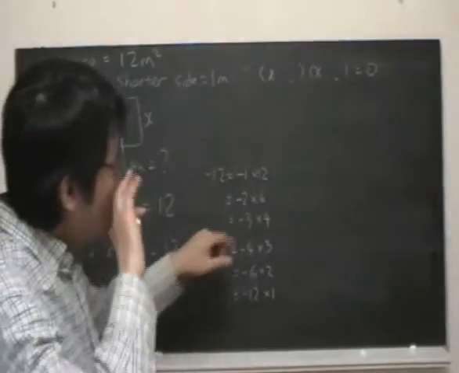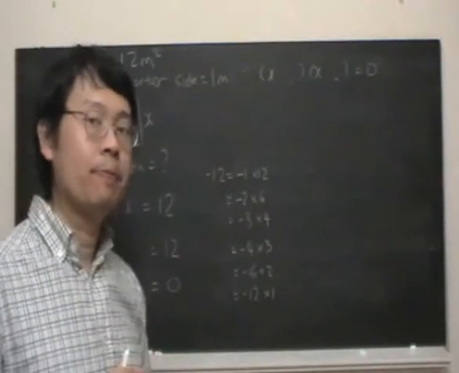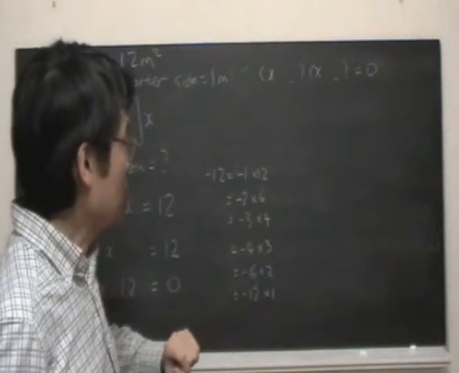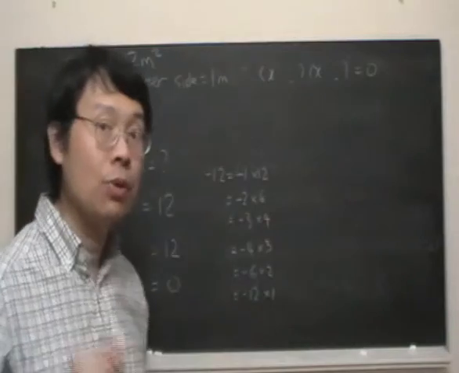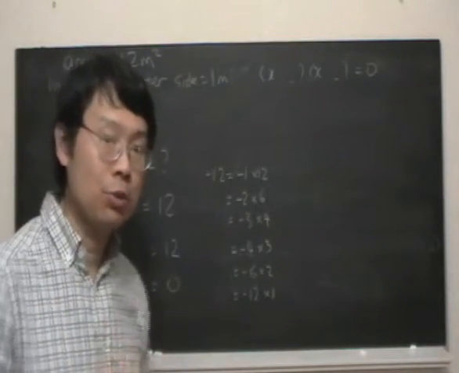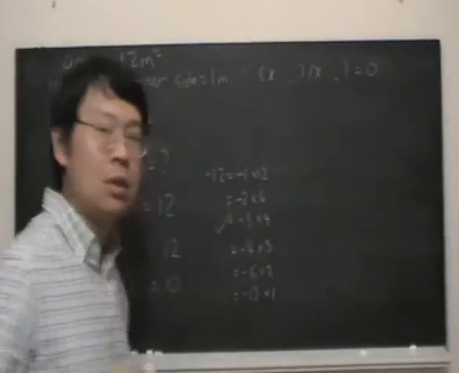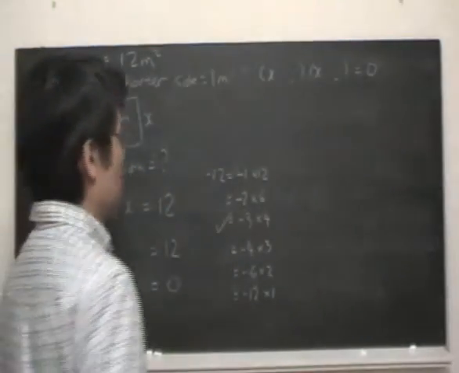So let's start. Minus 1 plus 12, that's not 1. Minus 2 plus 6, no. Minus 3 plus 4, yes. Minus 3 plus 4 is equal to 1. So therefore, that is the correct combination.